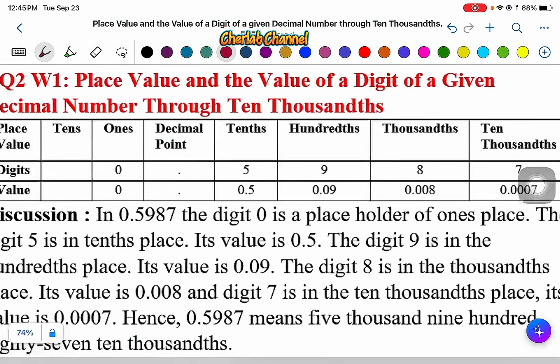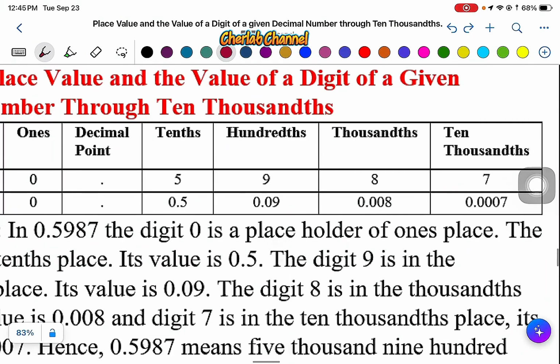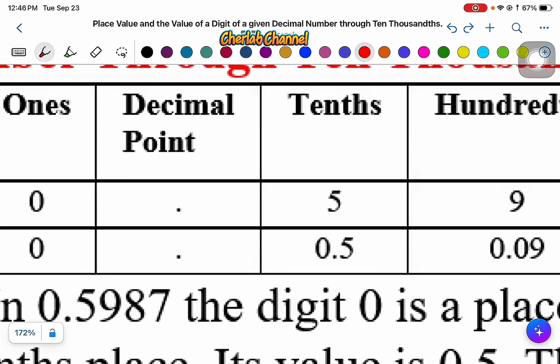You see, here is our table. We have 0, we have the decimal point, 5, 9, 8, and 7. Okay, how do we read that? So remember that the decimal point will be read as "and".